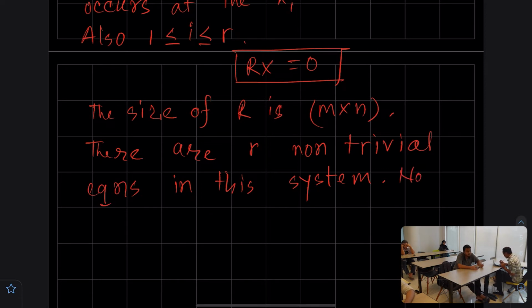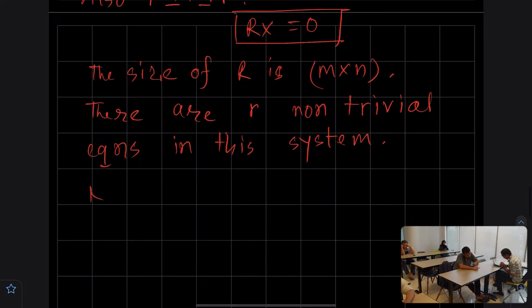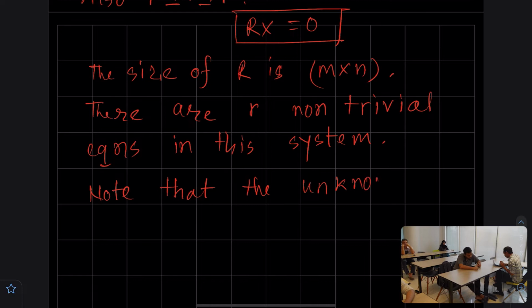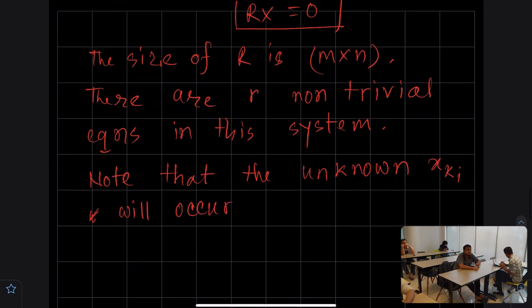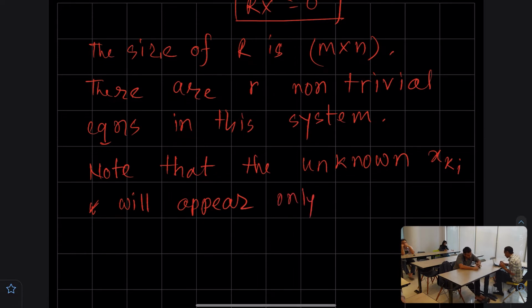Also note the unknown x sub ki will appear only in the ith row, right?